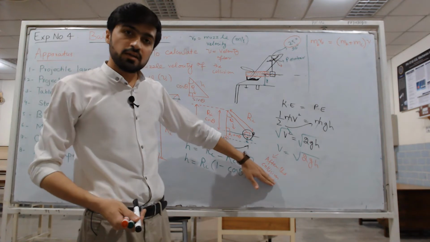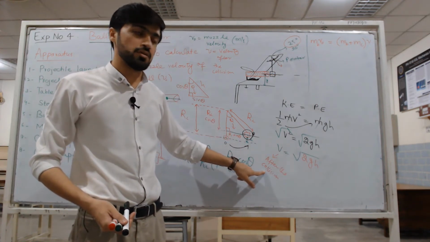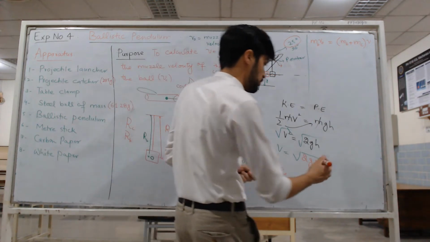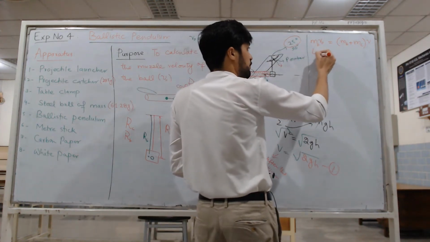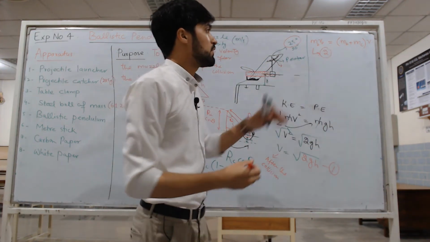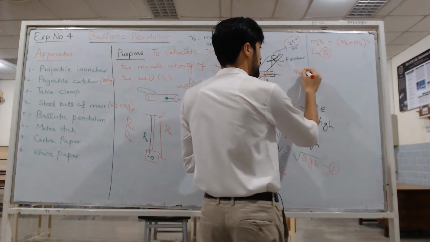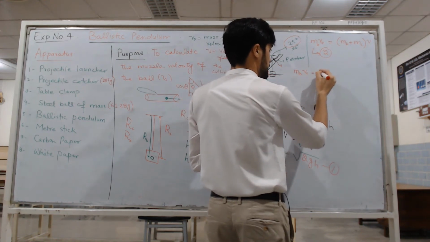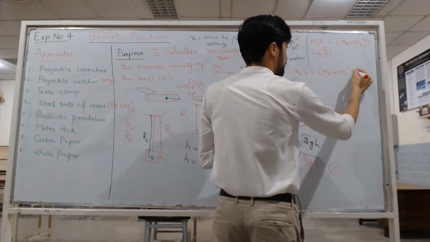I have calculated the velocity after the collision. Let's say this is our equation 1 and this is our equation 2. Let's put equation 1 into equation 2. We will get m_b v0, the muzzle velocity, is equal to (m_b plus m_c) v.